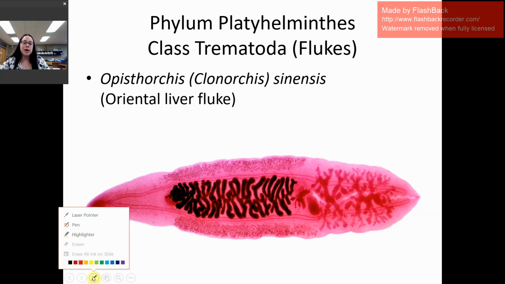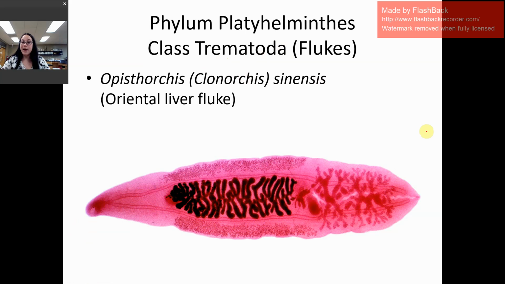And they are able to either be parasites on the outside of the host, and in that case we call them ectoparasites, okay?